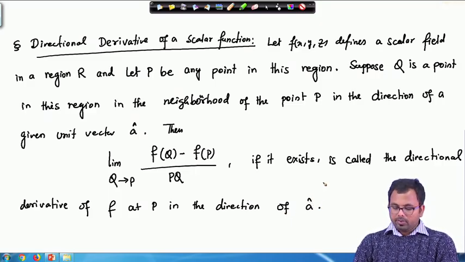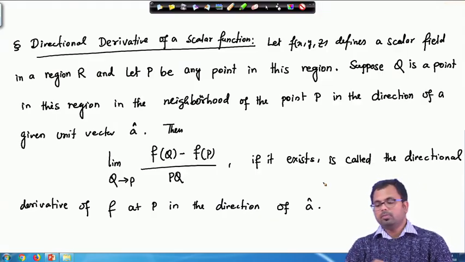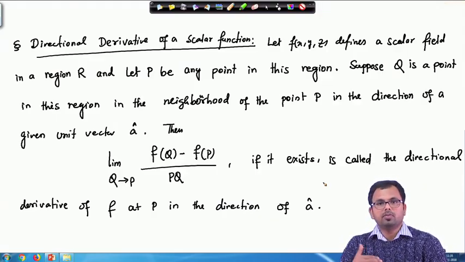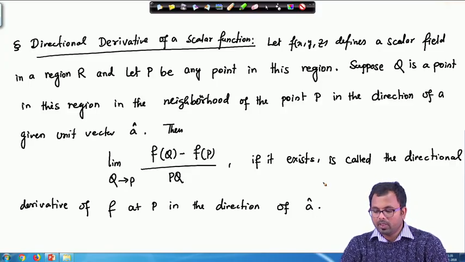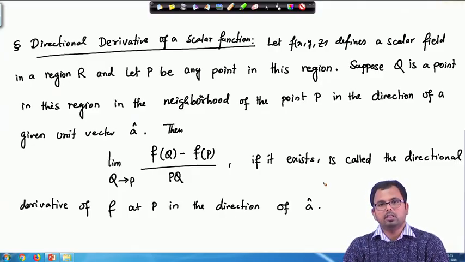So, basically what it means is you have a point P on a surface f(x, y, z) = C in a region R, and then you have another point, let us say Q, in the neighborhood of the point P. So, when Q approaches P, then if this limit exists, this limit is called the directional derivative in the direction of this unit vector a cap.